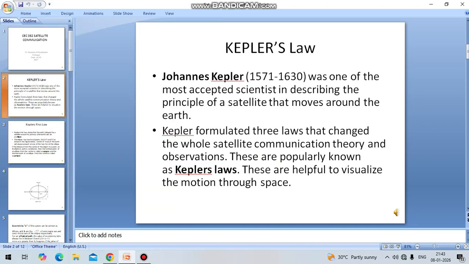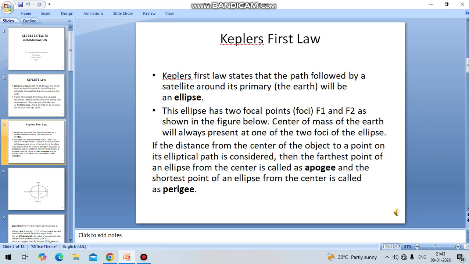So first, let us discuss Kepler's first law. Kepler's first law states that the path followed by a satellite around its primary will be an ellipse. Here the primary object is the Earth and the secondary object is the satellite.